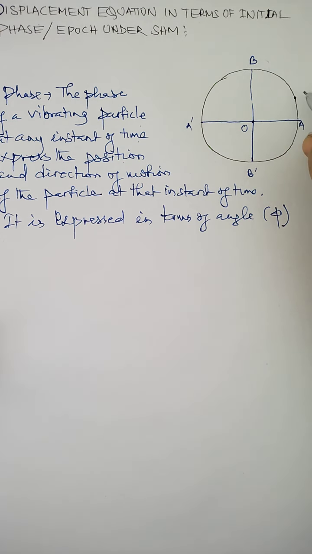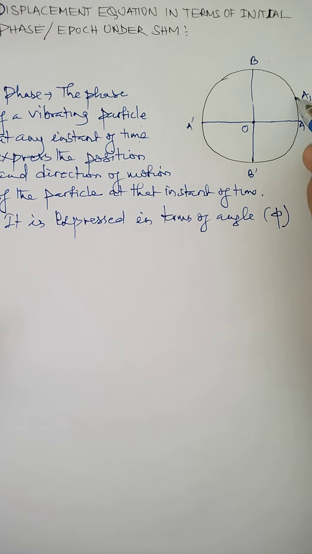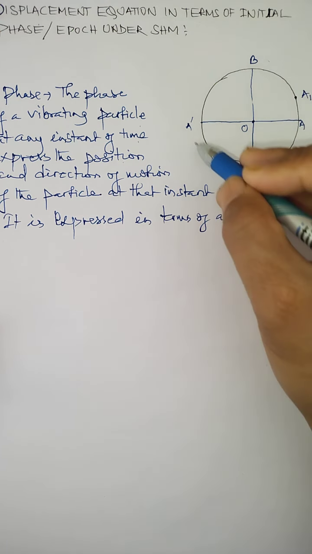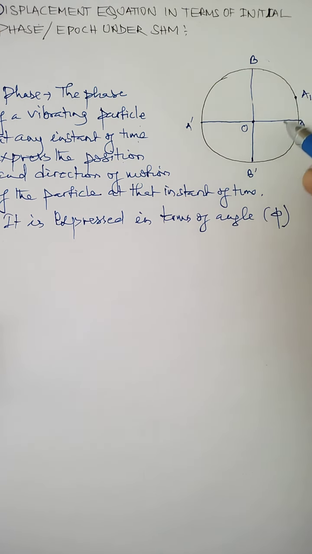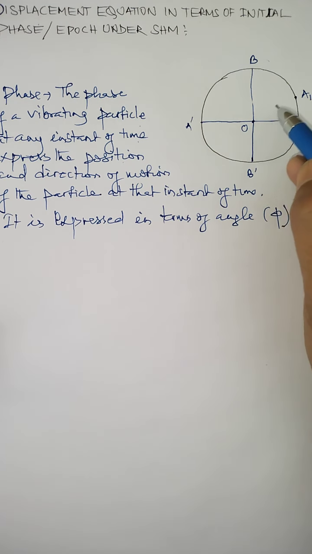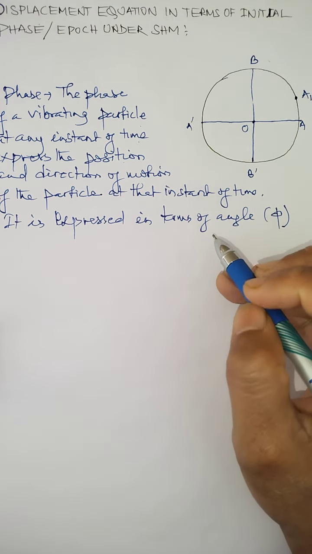Let me mark this point as A1. So A1 is the initial position of the particle where it starts the simple harmonic motion. That means this particle is already at point A1 of this reference line.